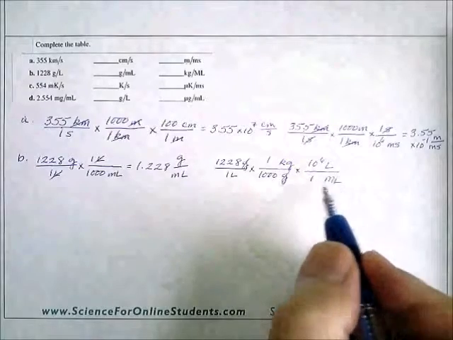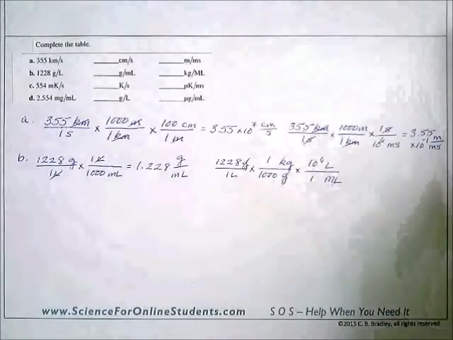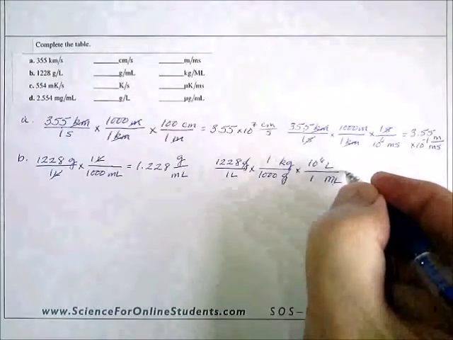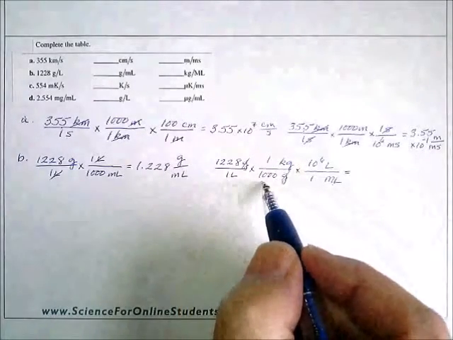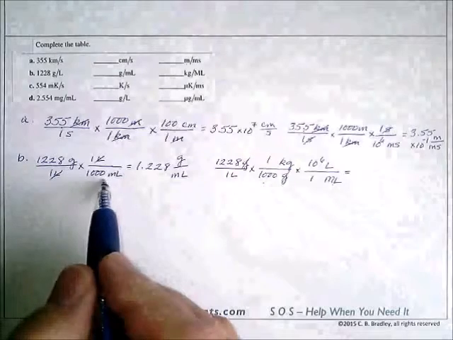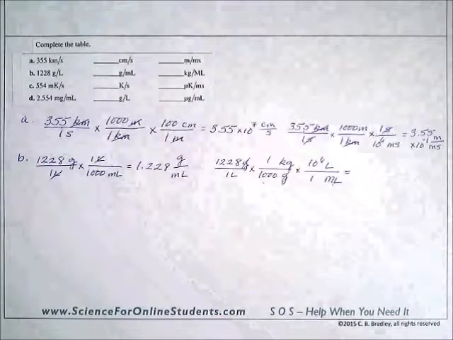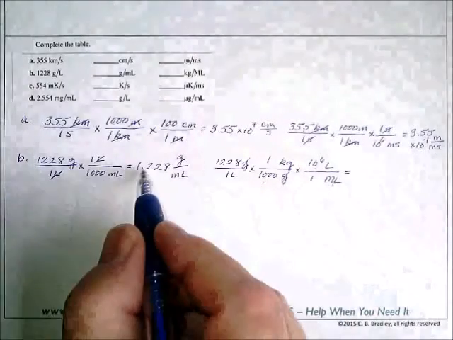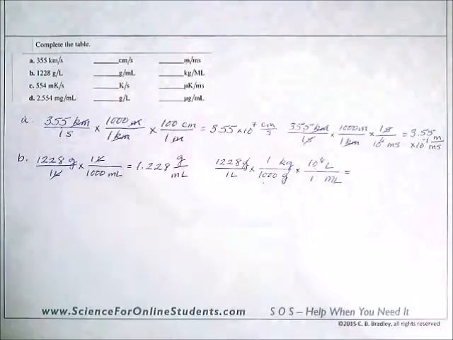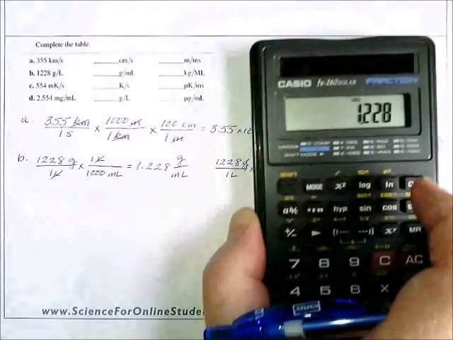The big unit gets the small number. So 1228 divided by 1,000, which is what we have over here. And then we'll multiply by 10 to the 6th. So it's going to be 1.228 times 10 to the 6th is the final answer.